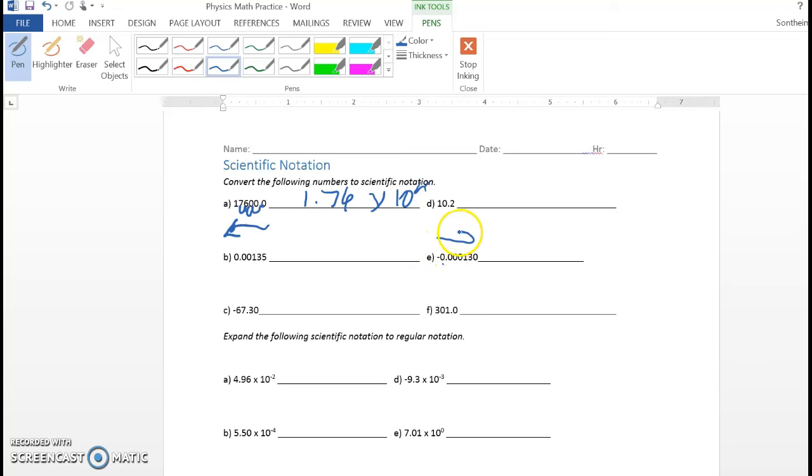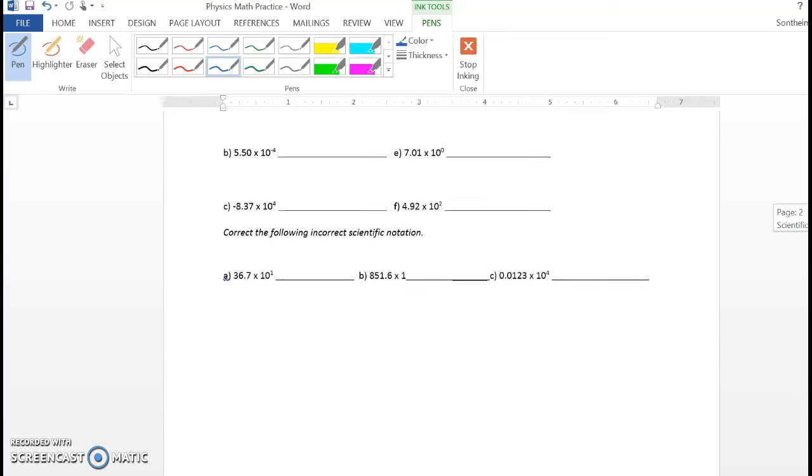Because we're moving in this direction, we're going to have a negative exponent. 1, 2, 3, 4, 10 to the negative 4th, and it would be 1.30 because there are 3 significant figures there. Again, you reverse it over here.